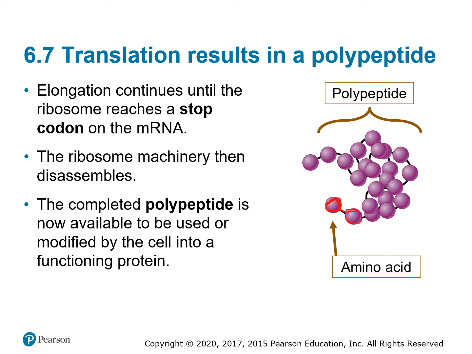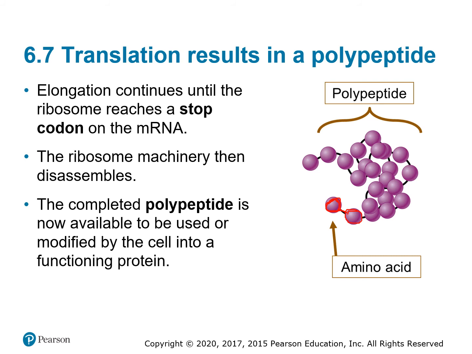The ribosome's job is to link those amino acids together via peptide bonds, and the ribosome will continue to do this until it reaches what's known as a stop codon on the mRNA.